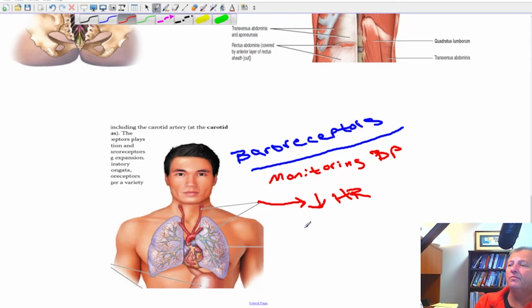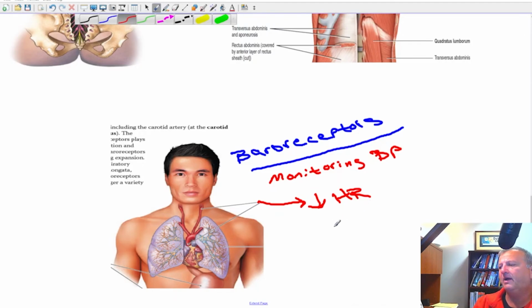But the brain is overriding baroreceptors. It's like, you're just a receptor and I'm the brain. We're going to do what we want to. The brain says, I'm going to override you. The parasympathetic nervous system is always the stepbrother that never really gets the attention it deserves. And it's like, no, I agree with baroreceptors.